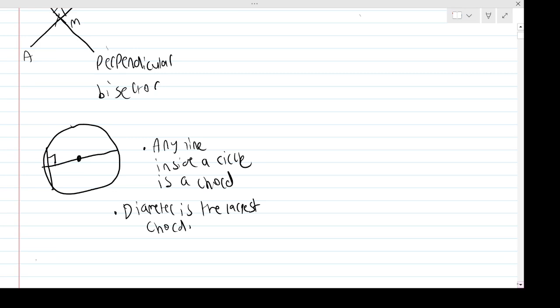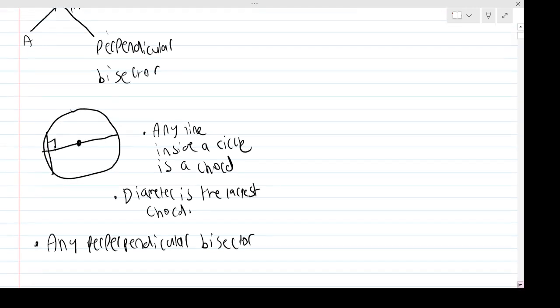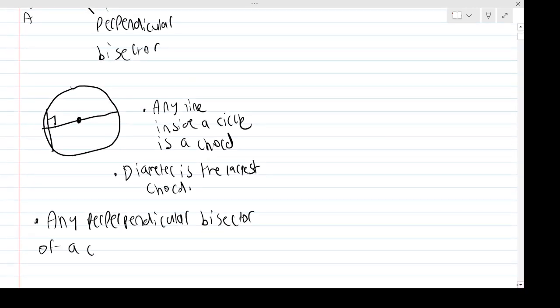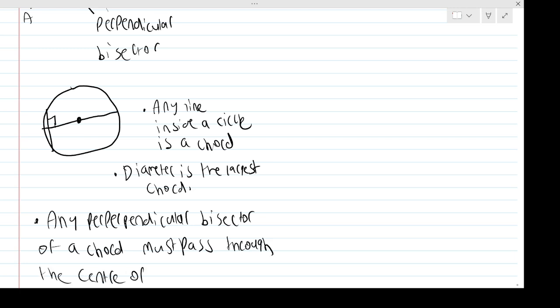But anyway, we can then say that any perpendicular bisector of any chord must pass through the centre of the circle. Cool. And we did look at examples like that last time, but we will be using that again today. So that's the first circle theorem we will be using today.